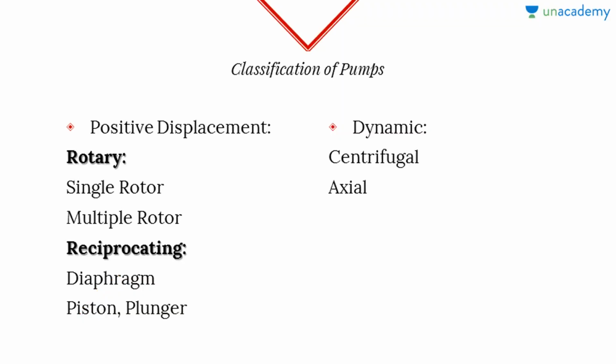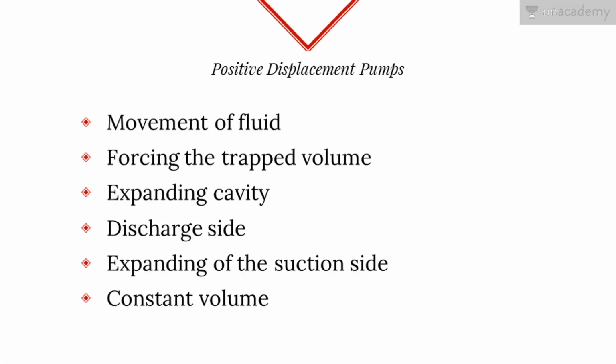So let's move on to the classification of pumps. They are divided into positive displacement and dynamic. Positive displacement has two types, namely rotating and reciprocating, where rotary is single rotor and multiple rotor, and reciprocating is diaphragm and piston or plunger. In the dynamic, we have centrifugal or axial pumps. So what are positive displacement pumps?